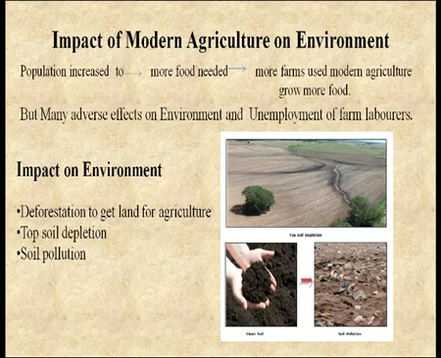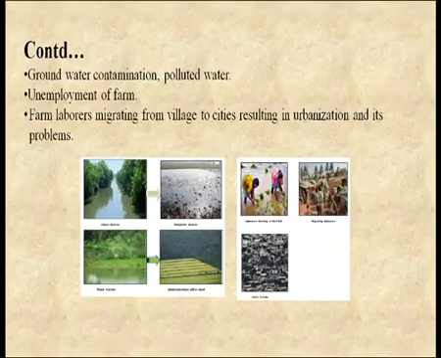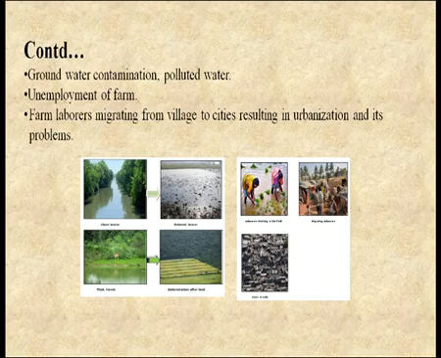Come to the impact on environment: deforestation to get land for agriculture, topsoil depletion, soil pollution, groundwater contamination, polluted water, and unemployment of farm laborers migrating from villages to cities, resulting in urbanization and its problems. The next slide shows different tools and implements and expansion of irrigation facilities.